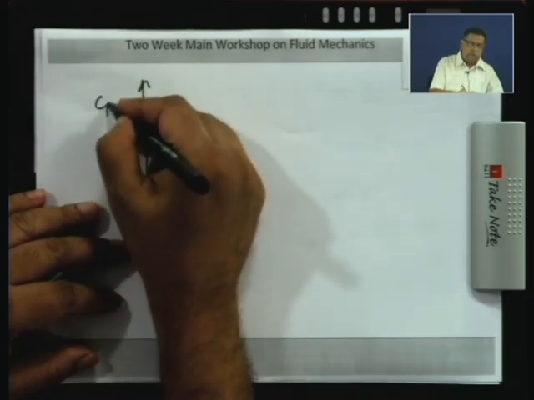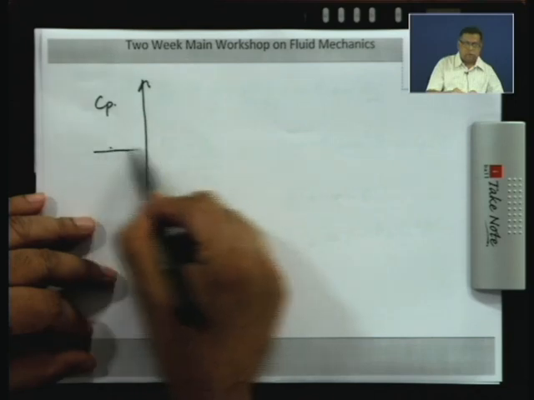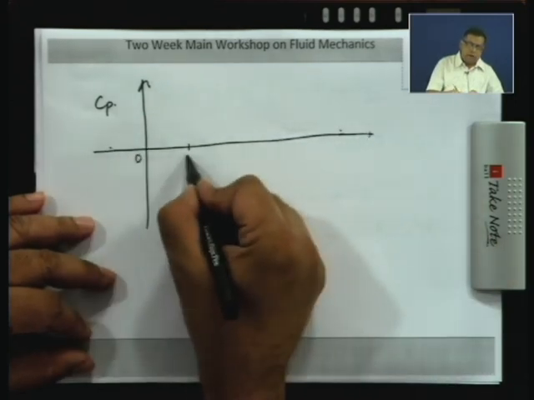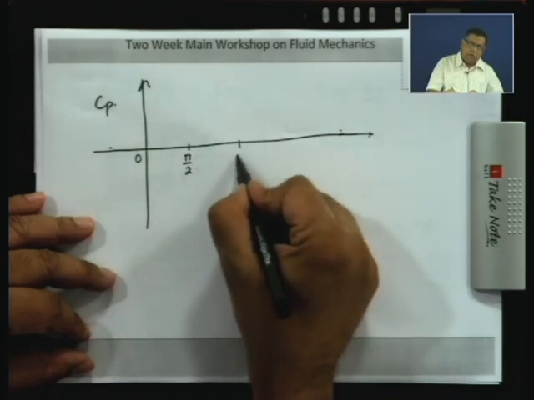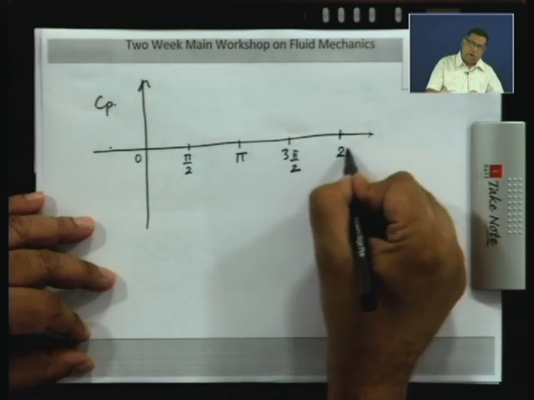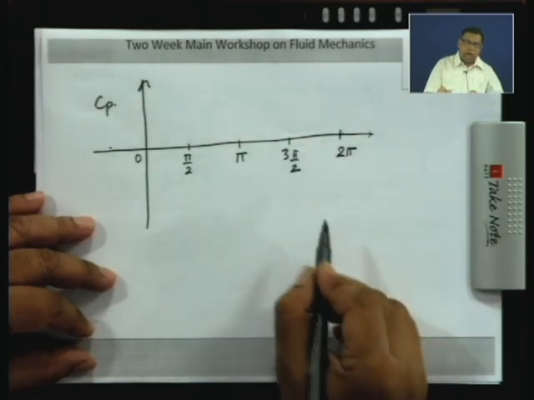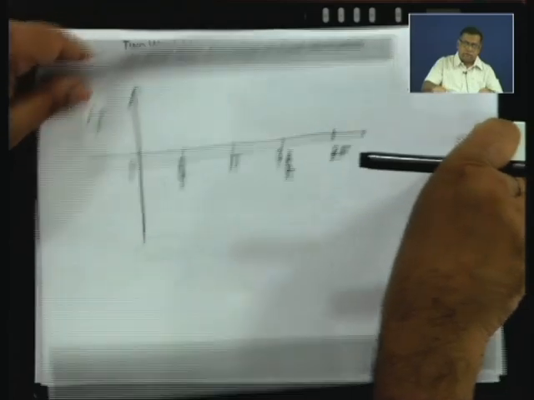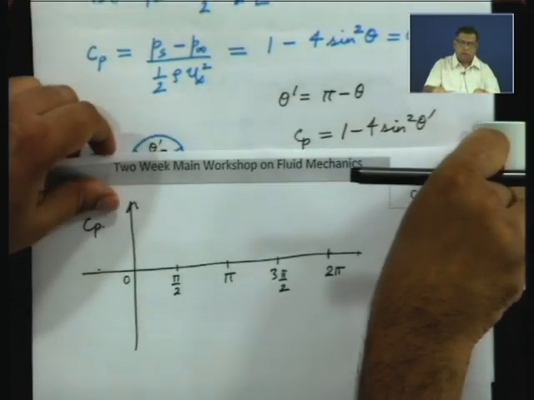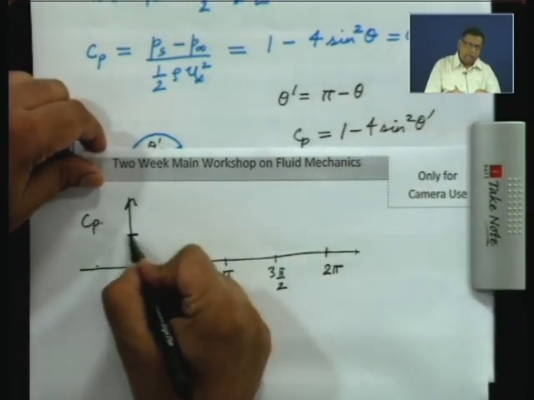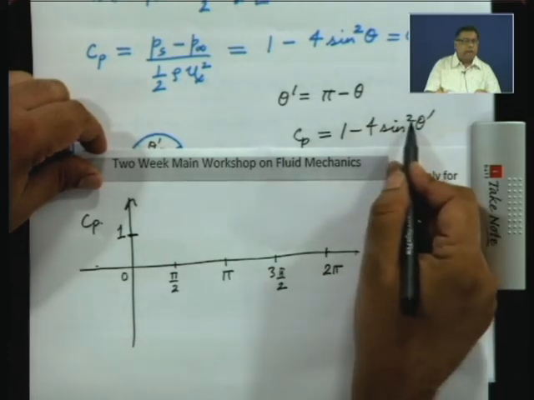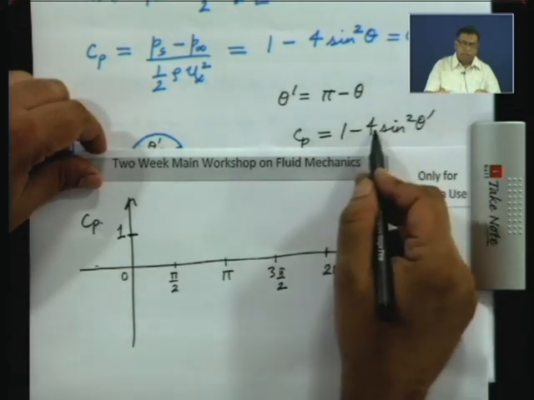So, if this is the C p axis versus theta prime, let us say this is pi, 0, pi by 2, 3 pi by 2 and 2 pi. When theta prime is 0, C p will have a value of 1. Now, when sin theta is 90 degrees, this will be 1 minus 4, which is minus 3.